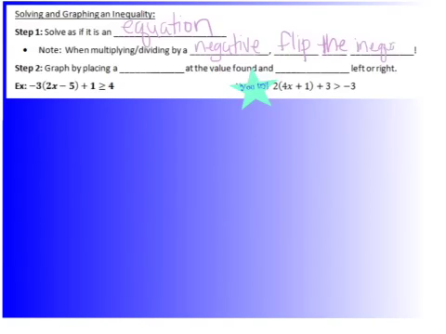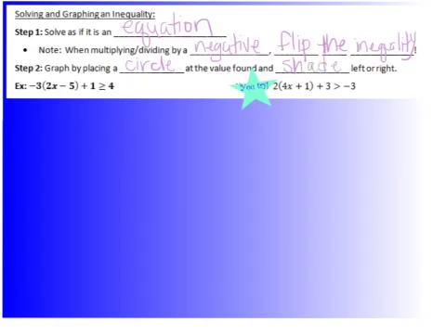So it's a big deal. Make sure you do that. Alright, so after we solve, step 2, we'll graph by placing a circle, might be closed or open. I guess we could say a point. Well, I like circle. At the value found, and don't forget you need to shade left or right.